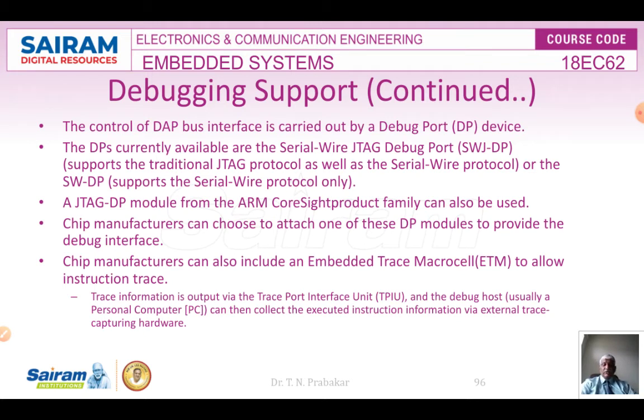Other chip manufacturers can also include an embedded trace macrocell to allow instruction trace. There are many techniques available, because writing a program is very difficult, and debugging software or hardware is also very difficult unless you have a good debugging mechanism.